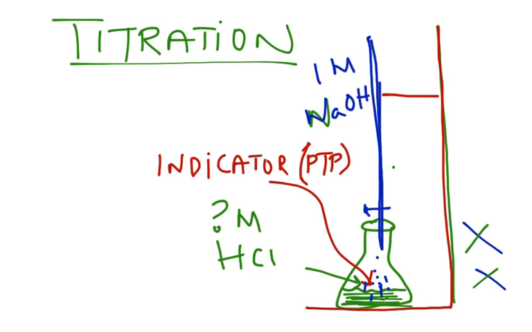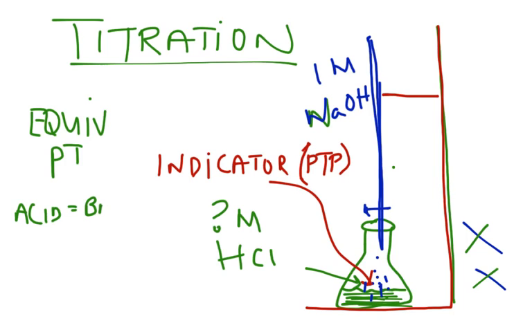My idea is to find what's called the equivalence point. The equivalence point is the point at which the amount of my acid is equal to the amount of my base. That's when I've created a neutral solution in this flask. The problem with the equivalence point is I can't see it. I can't tell it's equal.